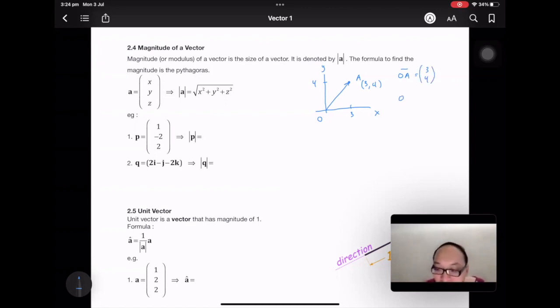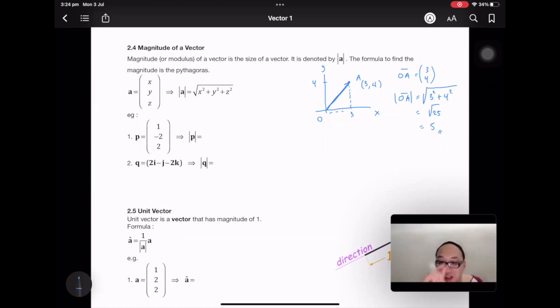Now, the magnitude of OA is the length of OA. So how do you find the length of OA? We can simply use Pythagoras. So it's the square root of 3 squared plus 4 squared, equals the square root of 25, equals 5.